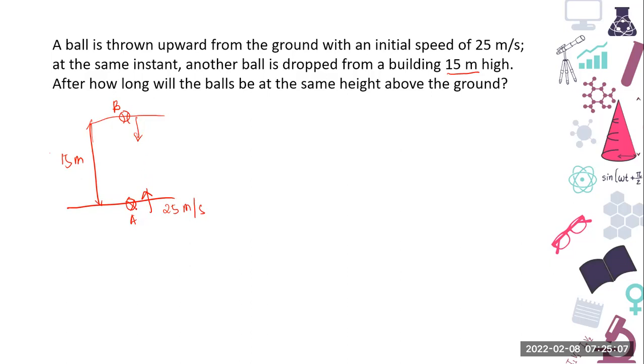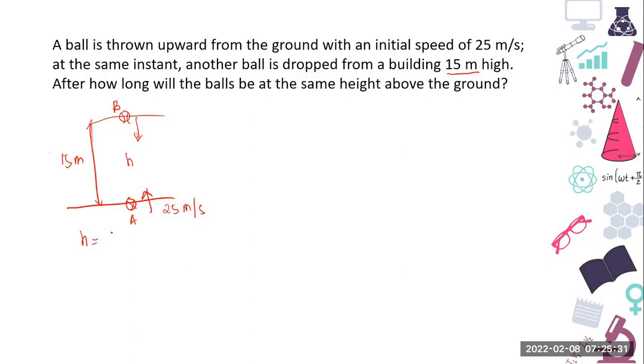Let's assume that ball A will have a height once it's thrown upwards, and ball B will meet it somewhere at 15 minus h. Okay, so let's write those so that you can always refer to them after.